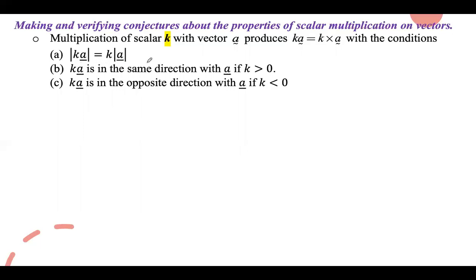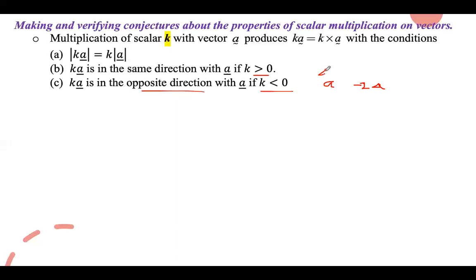kA is in the same direction as A if k is bigger than 0. If k is negative, less than 0, then kA is in the opposite direction of A. So A and negative 2A are in the opposite direction, right?